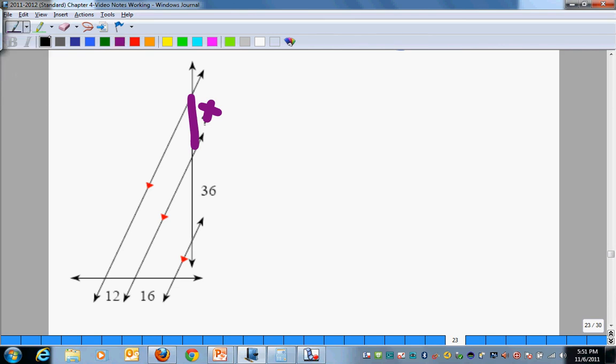Trace with me, please. In this case, we can go 12 over 16 equals x over 36. Notice I went from here to the bottom top, bottom top. Notice the direction I went for both.